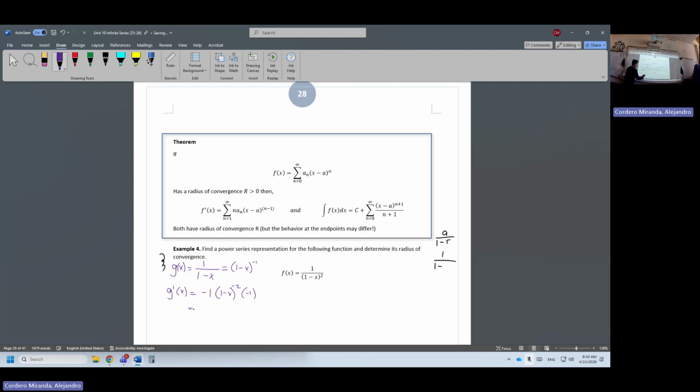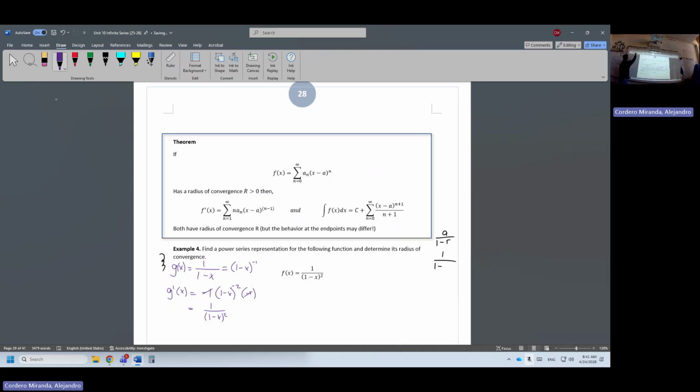If you simplify this, you get -1 times -1 is 1, and then (1 minus x) to the -2 is exactly this. Convinced? You good with me doing that?